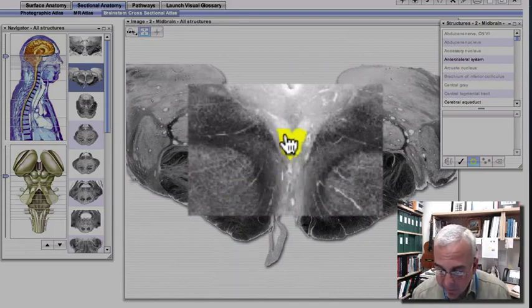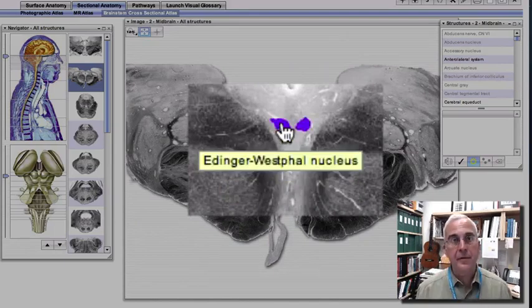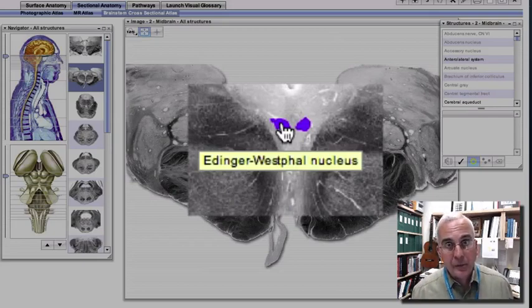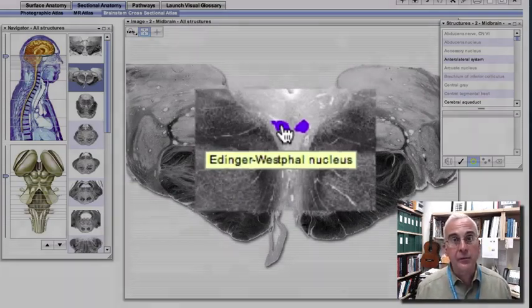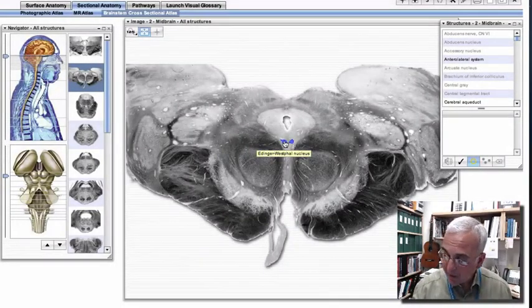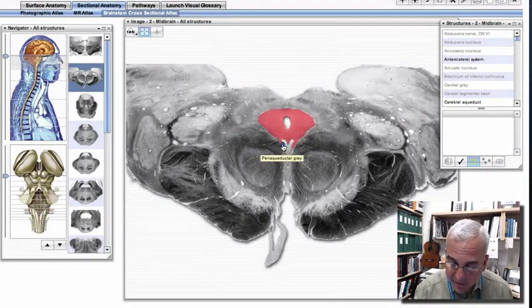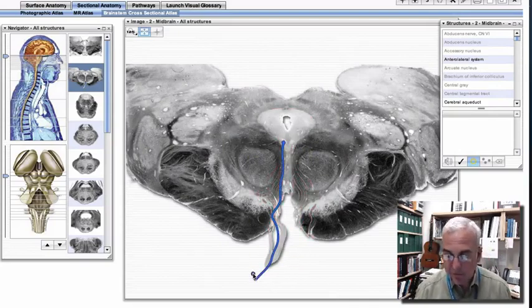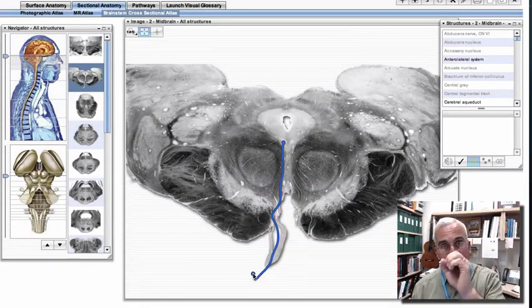But just on the dorsal aspect of this oculomotor complex is where we find our Edinger-Westphal nucleus. So again, this nucleus gives rise to parasympathetic preganglionic axons that have their cell bodies here, and then they grow their axon out through the third nerve to constrict the iris in the eye.